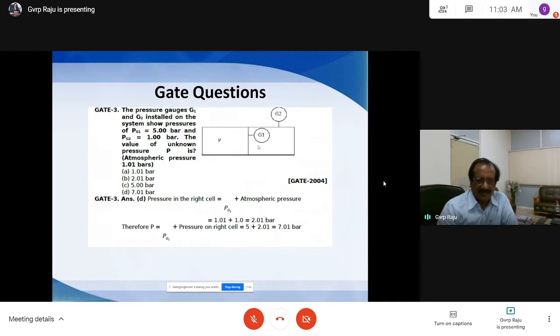The value of unknown pressure at P, that means he is asking the pressure somewhere here. So pressure in the right side is equal to pressure here plus atmosphere. Atmospheric pressure is equal to 1.01, and the pressure at G2 is 1 here.